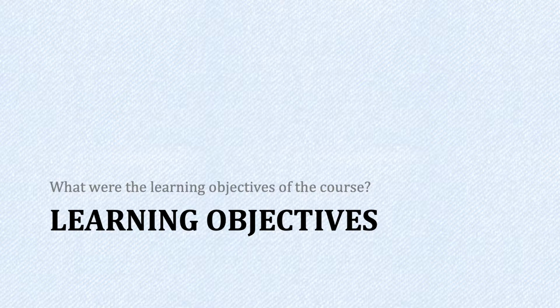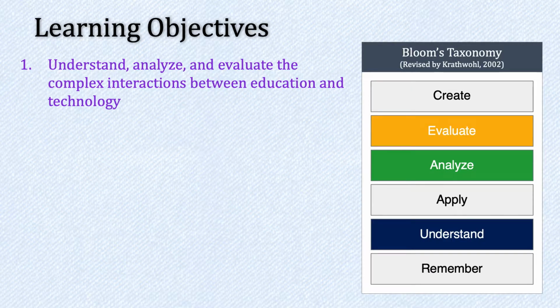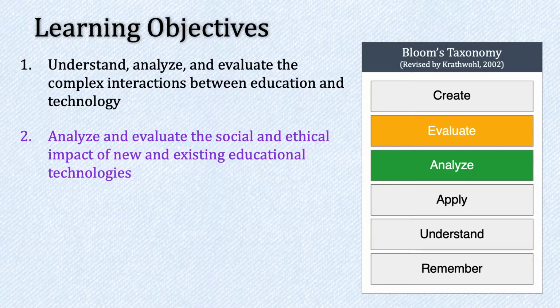So what about our learning objectives? Let's take a minute to review those objectives so we can contemplate how well we did in terms of meeting them. Well, our first learning objective was to understand, analyze, and evaluate the complex interactions between education and technology. The second learning objective was to analyze and evaluate the social and ethical impact of new and existing educational technologies.